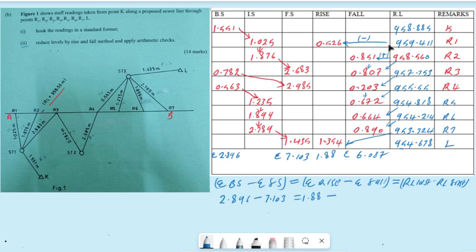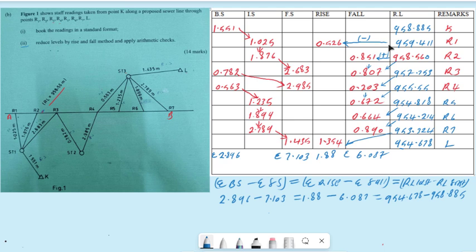Then I subtract summation of fall, which is 6.087. Then this one should be equal to last reduced level, 954.678. Then I subtract the first reduced level, which is 958.885. So for the first one, that is 2.896 minus 7.103.